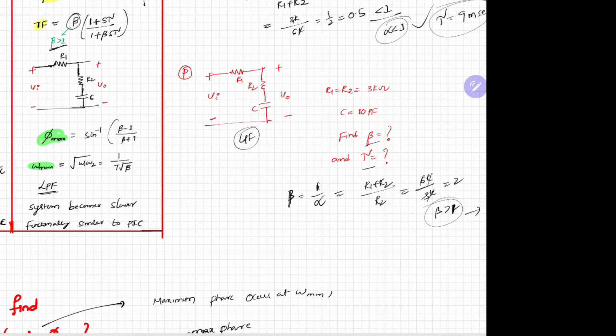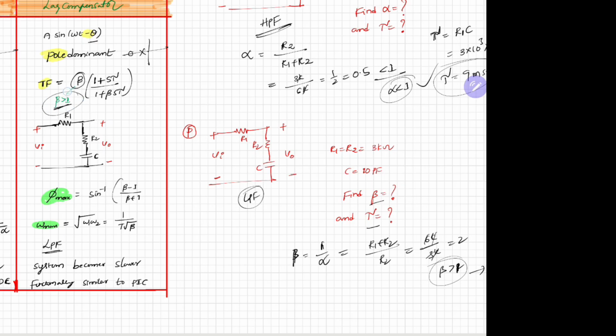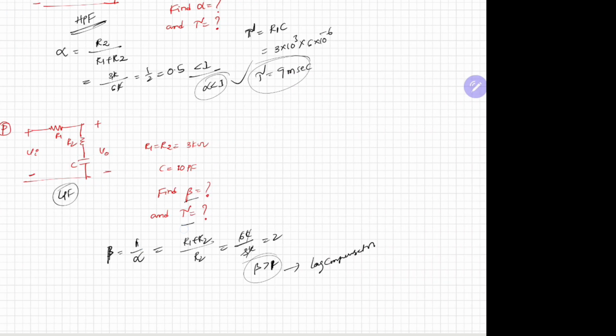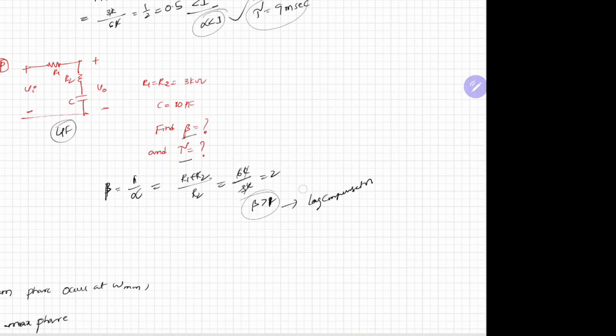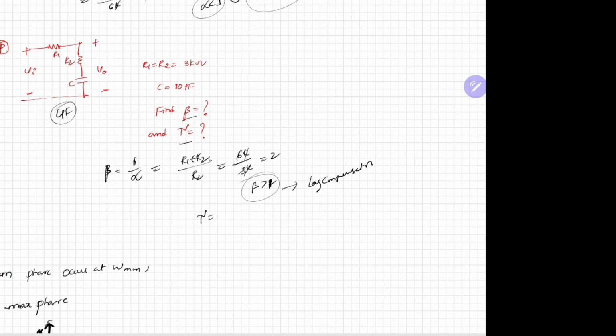I have given you the condition as well here. The beta value is greater than 1 and here the alpha value is less than 1. That's it. Let's click onto the question. And here how can you find out tau? Here you need to remember tau is equal to R2C.